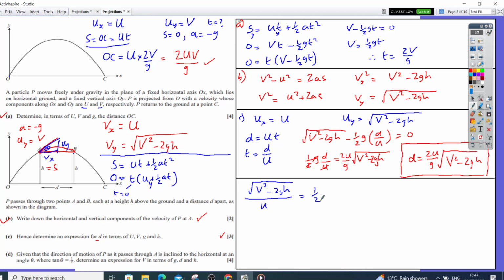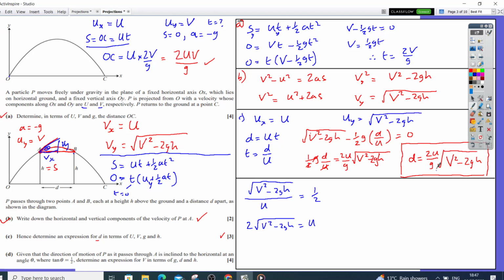So if I times that up and times that up, I've got 2 times the square root of v squared minus 2gh is going to equal u. Now we've got this in terms of u, but we want to put it in terms of g, d and h. So we need to rearrange. Where have we got d in terms of u? Here we got it. So if we can rearrange this to make u the subject and put it in here, then we can try to get v in terms of g, d and h.